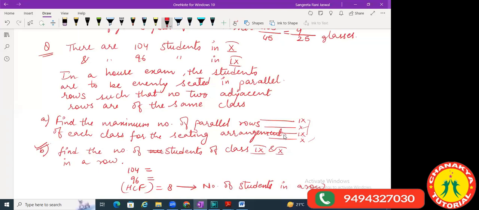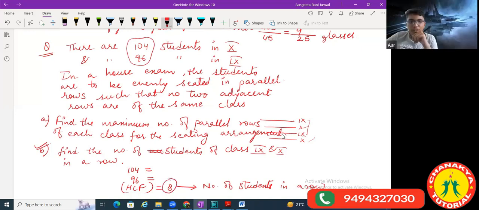Now find the maximum number of parallel rows of each class for the seating arrangement. Now, how many rows are there? Now the question has become even easier. You have got the number of students in one row, and you know the total number of children also.